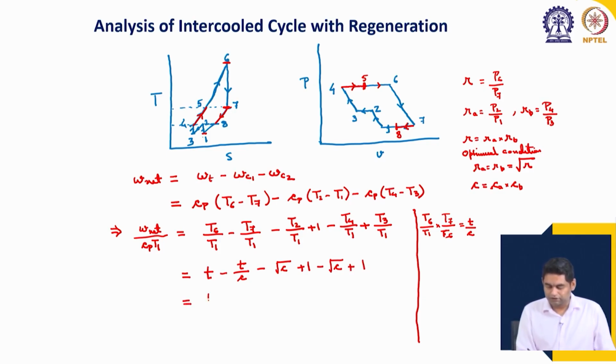So, this is equal to T minus T by C minus 2 root C plus 2.